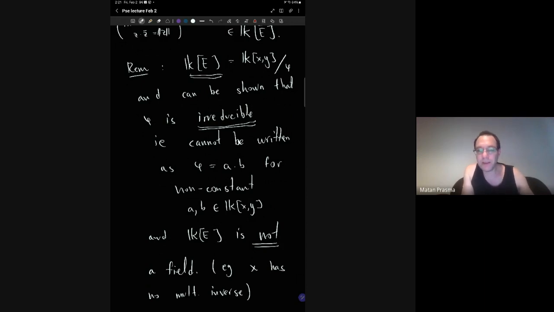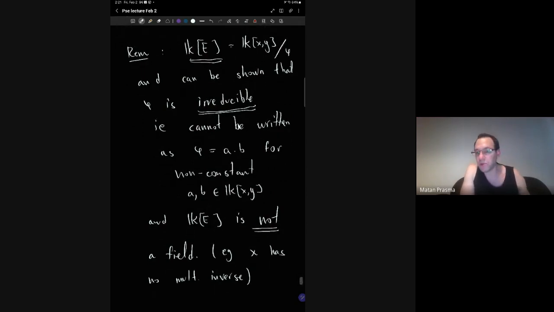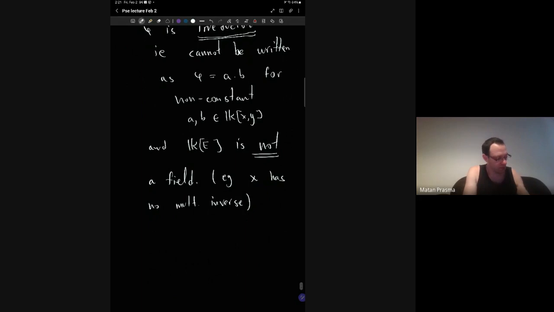This is the whole theme of the field of rational functions: to extend K with some additional variables to the minimal field that contains both. So the way to do it is, again, to imitate the construction of the rational numbers. And this is the following definition.